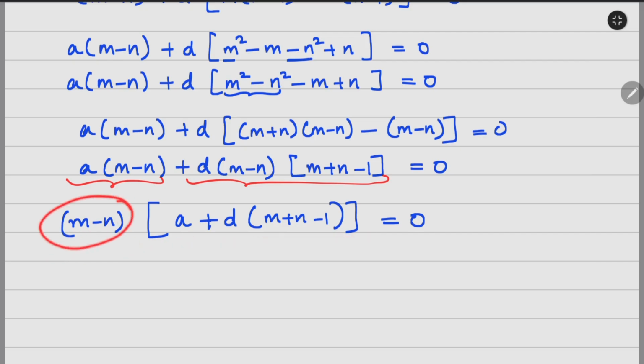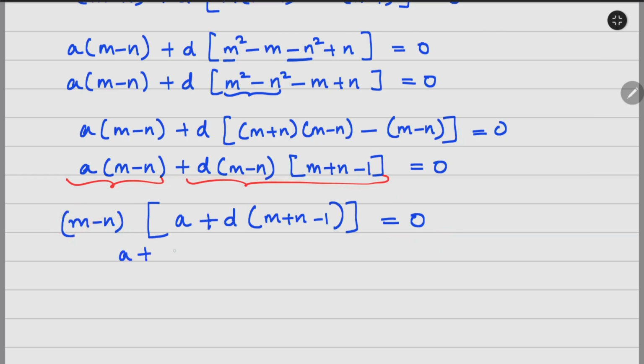But here M is not equal to N. That means there is some positive difference. When it goes to the RHS, 0 divided by M minus N would come, which is 0. So I am not going to write this term because this has gone to the other side. It has become 0 by M minus N, which is 0. So what I am going to write is only so much.